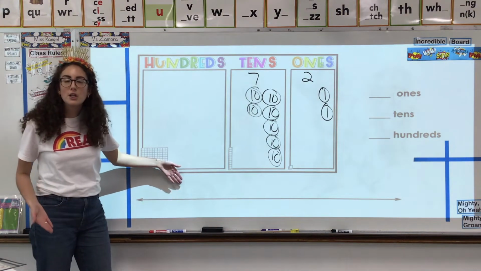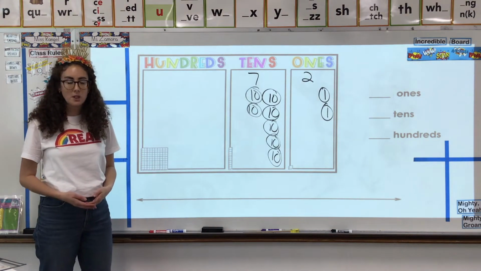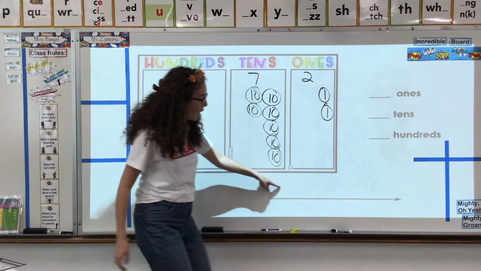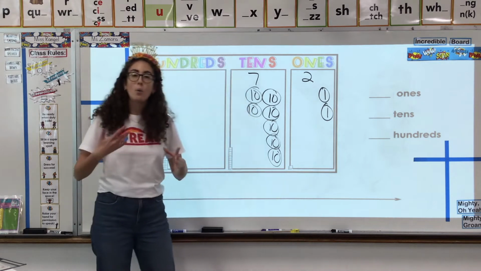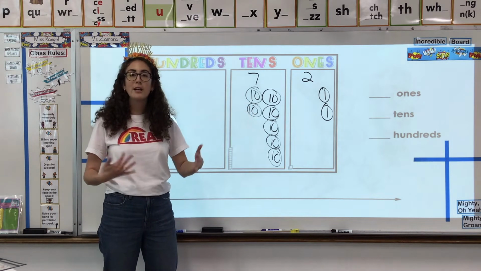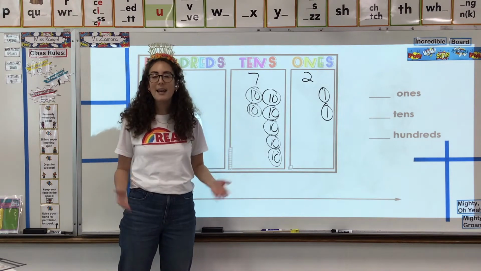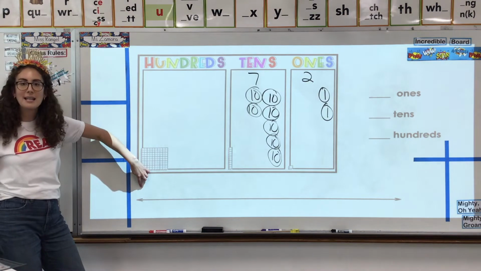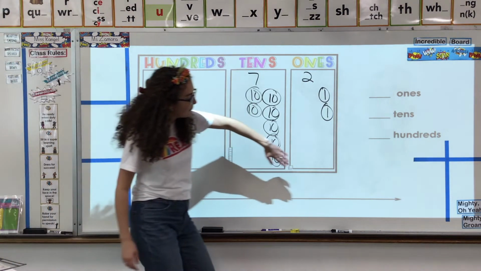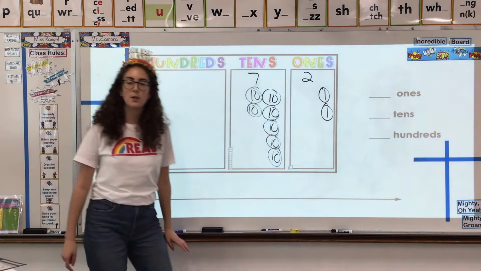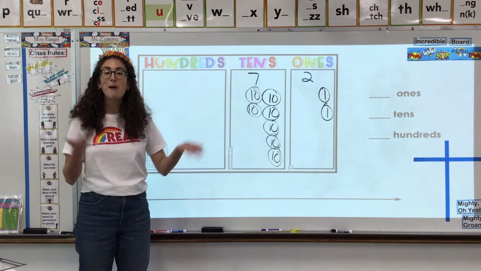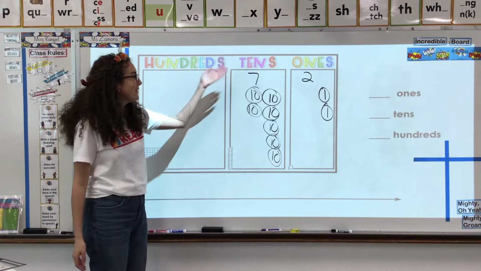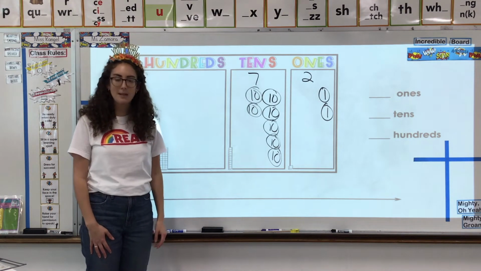Another way we can show the value of the number 72 is by drawing it on a number line. We can draw a jump for each 10 or 1 that is in this number. So imagine we're starting at 0 and we're trying to jump all the way to 72. How much value would we add, and therefore how much value is in this number?